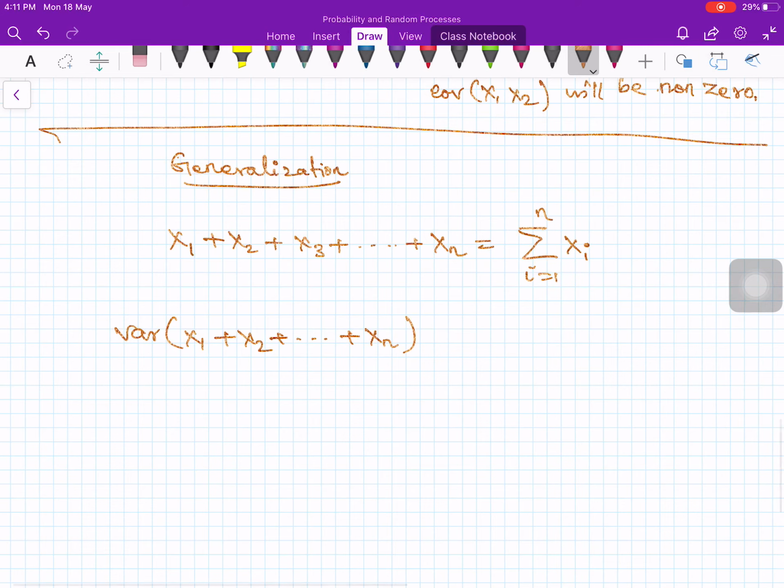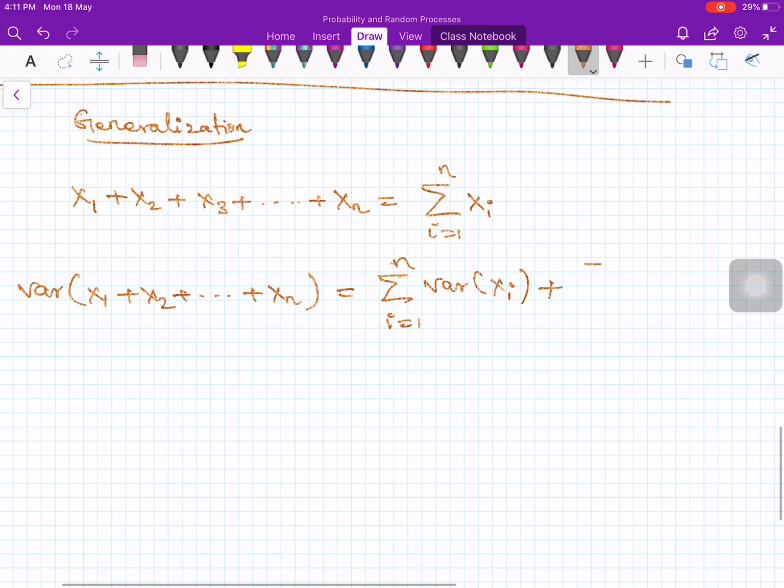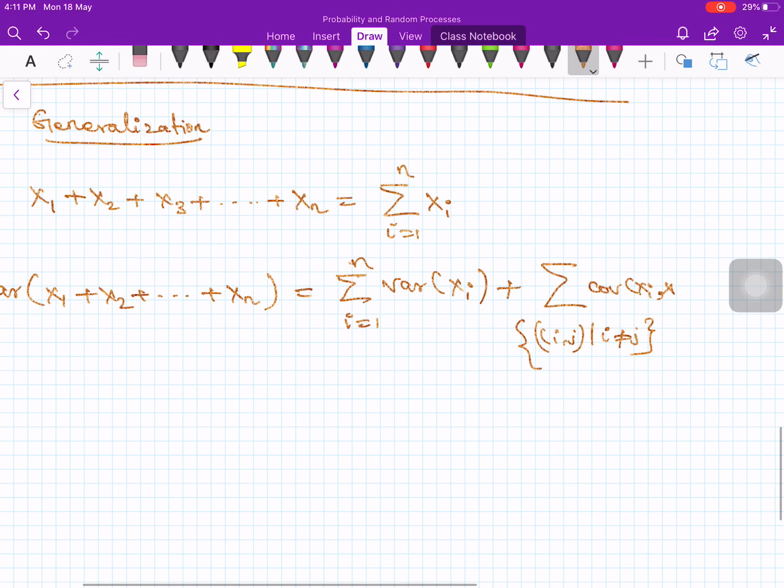So I can write it like this, right? Now this is equal to, by formula, sigma i equals 1 to n of the variance of xi, plus the summation over all pairs i, j such that i is not equal to j, of the covariance of xi, xj.